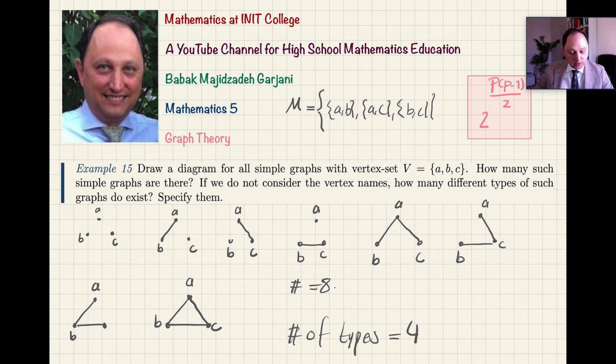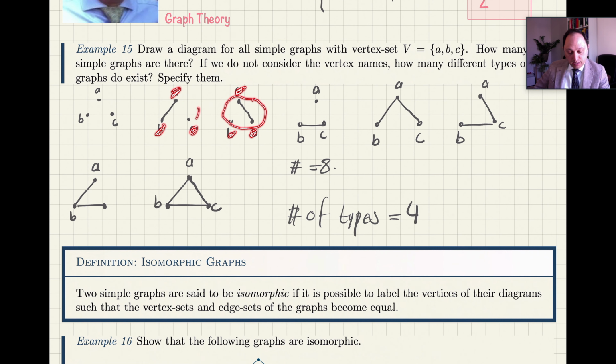Okay, now the notion that I talked about here is a general concept in graph theory, and that comes under the title of isomorphic graphs. What is the meaning of isomorphic graphs? You see, if I take the labels out, then I would say this graph is isomorphic to this graph.